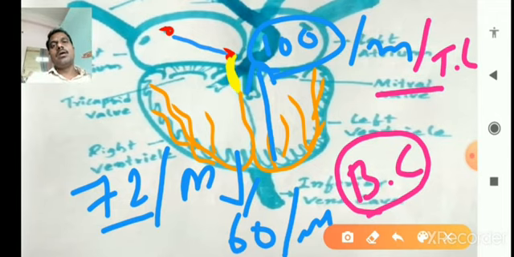Myogenic hearts do not depend totally on neuron secretions; they are activated by neuron substance, but in neurogenic hearts the neurons continuously release the substance to activate the heart function, and we call those neurogenic hearts. So this is about heartbeat, heart functions and blood flow into the main aorta. Thank you.